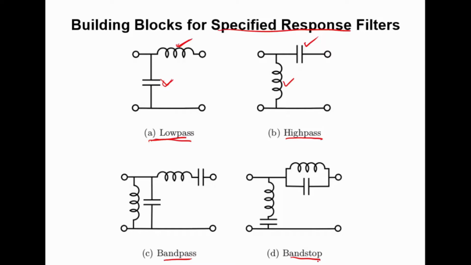So in a specified response filter for bandpass response, we will have a parallel LC here and a series LC like so. Either one alone gives us bandpass response. Using them together gives us more degrees of freedom. And similarly for the band stop stage for specified response filters.